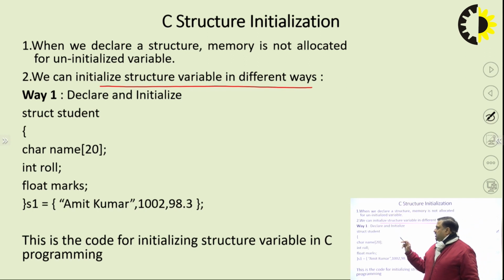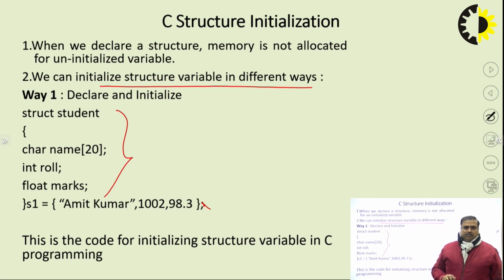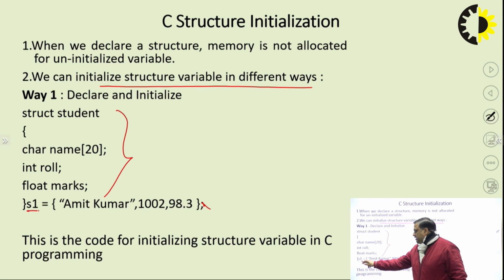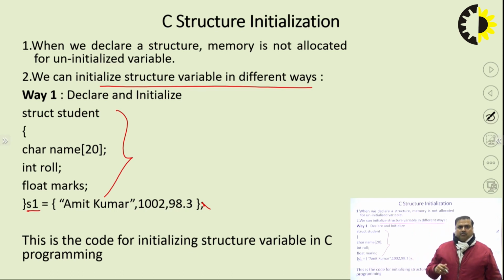First, declare and initialize in the same statement. What we have done is declared a structure student, created a variable s1, and provided the values for its members. We are declaring a variable as well as initializing it. Declaration and initialization both are being done here.